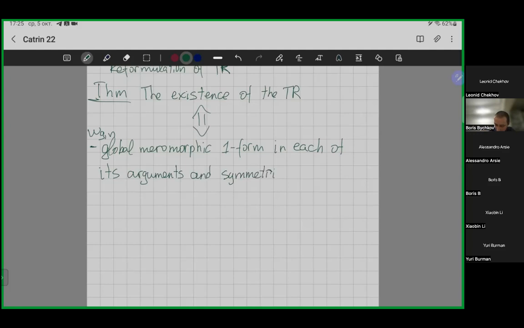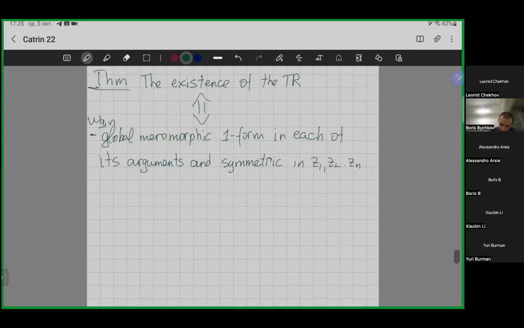The possible poles of omega g,n are only in P1, ..., Pn, these zeros of dx over x.